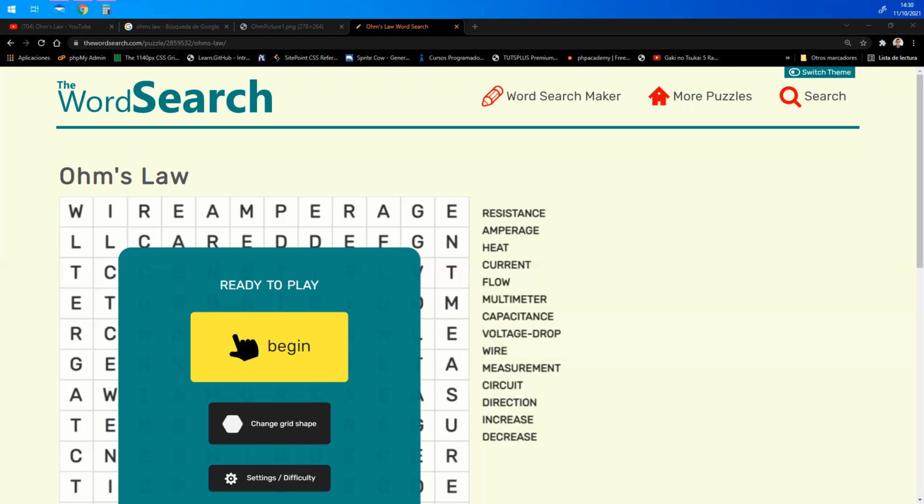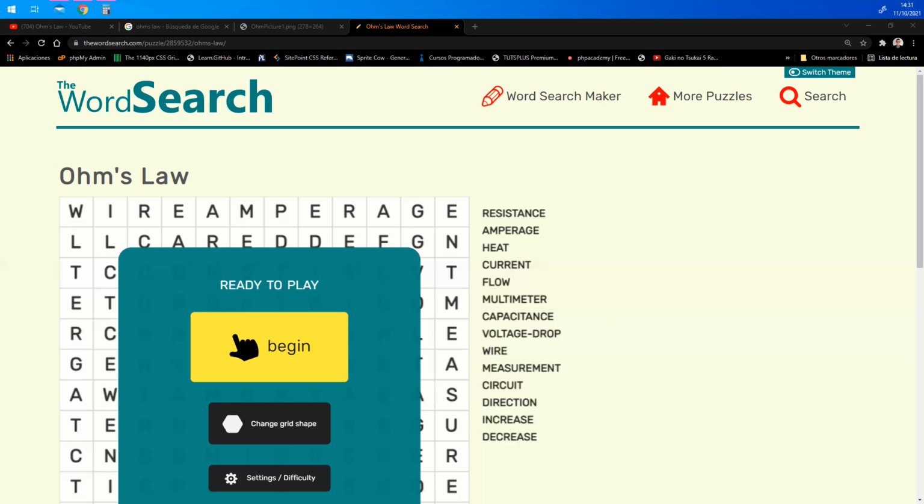Measurement. Measurement significa medida. Circuit, circuito.